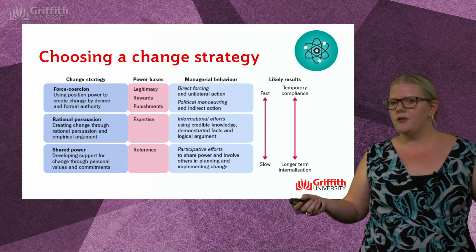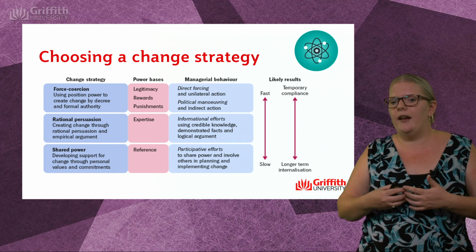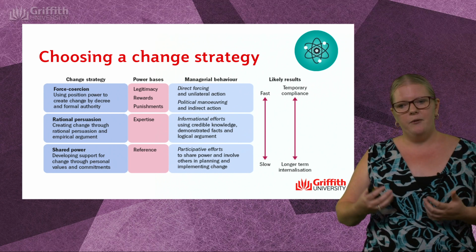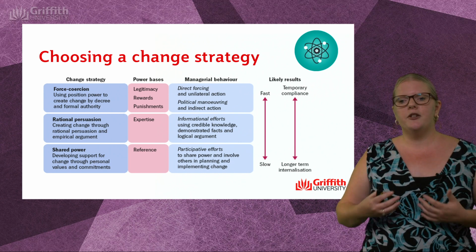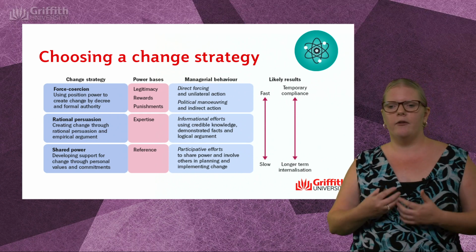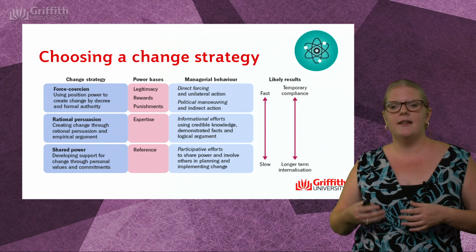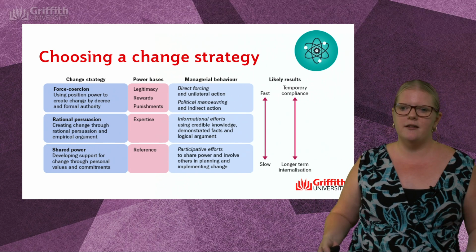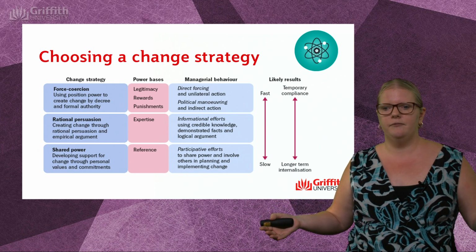So how do we choose what strategy to use? Now, we know that each strategy has different power bases, but how do we choose? Now, we choose based on the results. So if we're wanting a really quick result with temporary compliance, then of course we're going to use force coercion. I pay you, therefore you have to. It's just the simple nature of working in life.